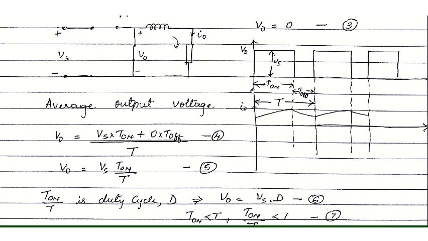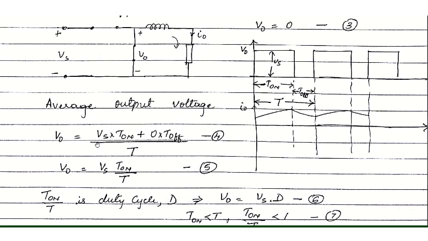In order to calculate the average output voltage V naught, we take the area under this curve. It will be Vs into T on, that is amplitude and the width, which gives the total area of this pulse.